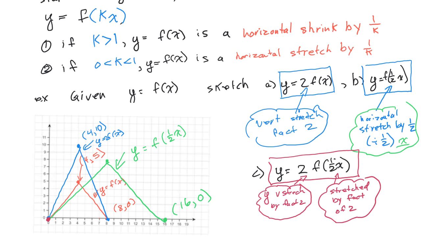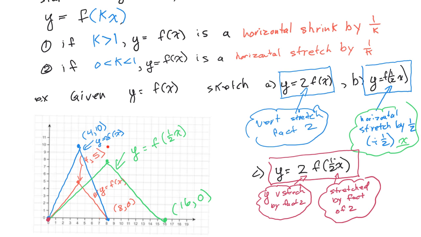Now we have to look at what happens with the 4, 5 from our red graph. The 4 gets stretched by a factor of 2, so it goes to 8. Its x value gets stretched by a factor of 2, but then its y value also gets stretched by a factor of 2.